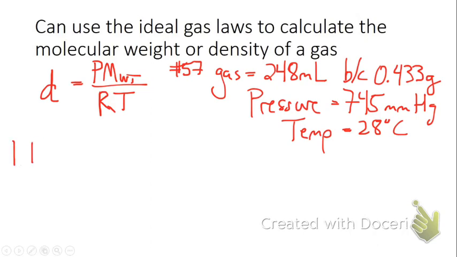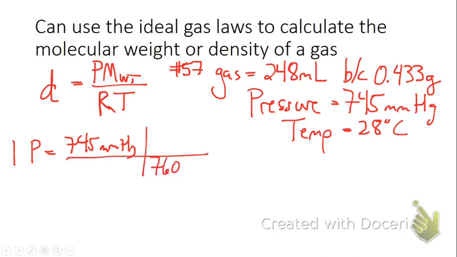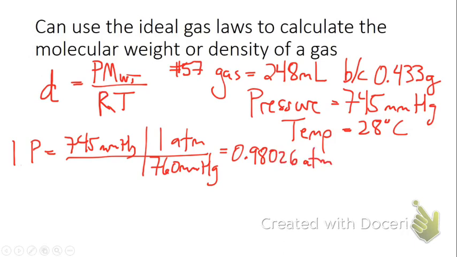So let's start with pressure. So it's in millimeters mercury. So we know we have to divide by the conversion factor. So see what I mean by, you guys will be using this conversion enough to where you'll just pretty much memorize it, because pretty much every pressure that you're given in these problems will be in millimeters mercury or some sort of other pressure so you have to convert it.